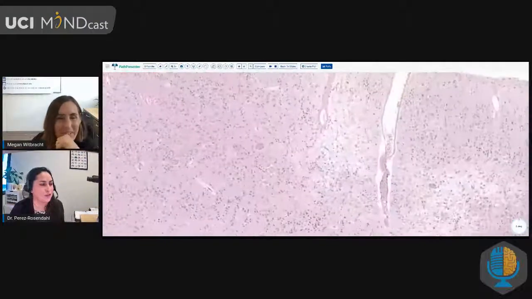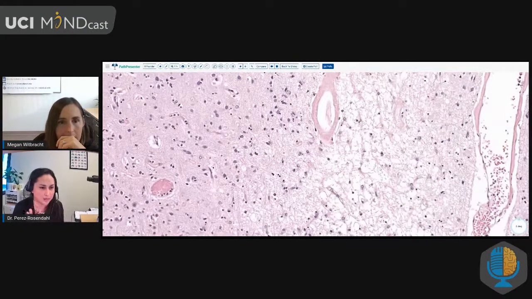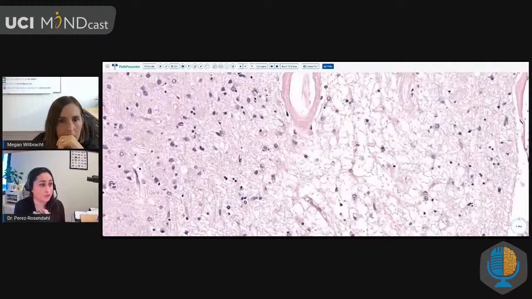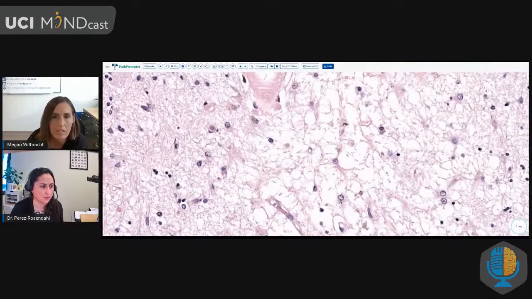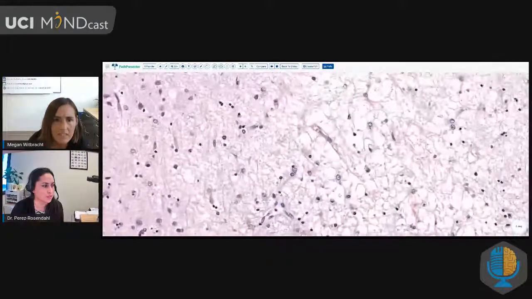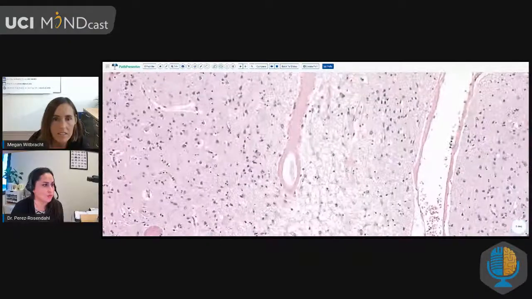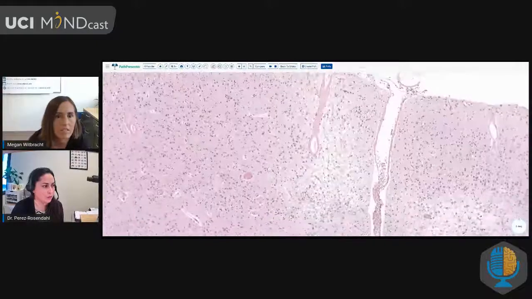If you remember, I was showing you the normal appearance of the background tissue. Usually it's just that homogeneous pink. When you have tissue loss, say, for example, an infarct or a microinfarct, this is what it looks like. This is a microinfarct. So you're seeing all of these spaces, and you can actually start to make out individual cell processes and axons. And so this is something that we see quite a bit from vascular disease, which is a microinfarct.